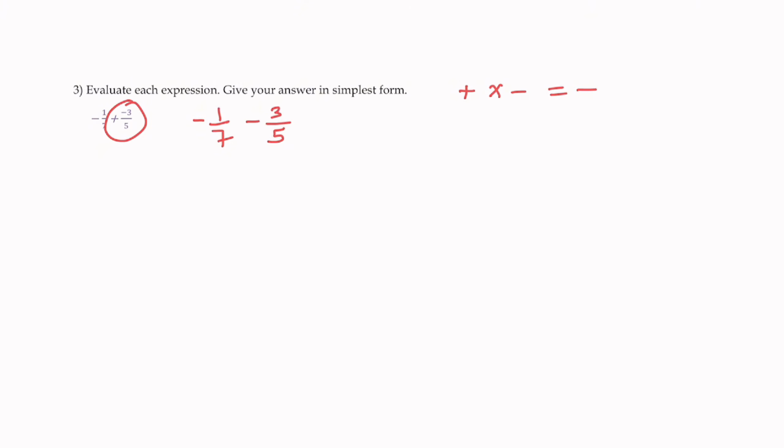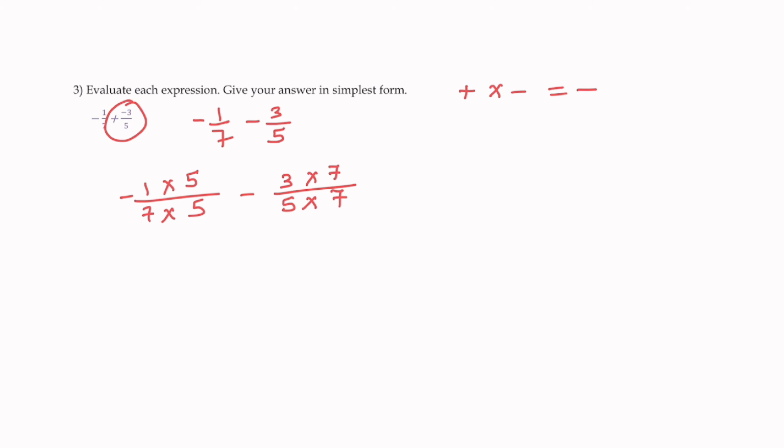So we will start with the first method over here, which is 1 over 7 times the denominator of the second fraction, minus 3 over 5 times the denominator of the first fraction. Isn't this simple?